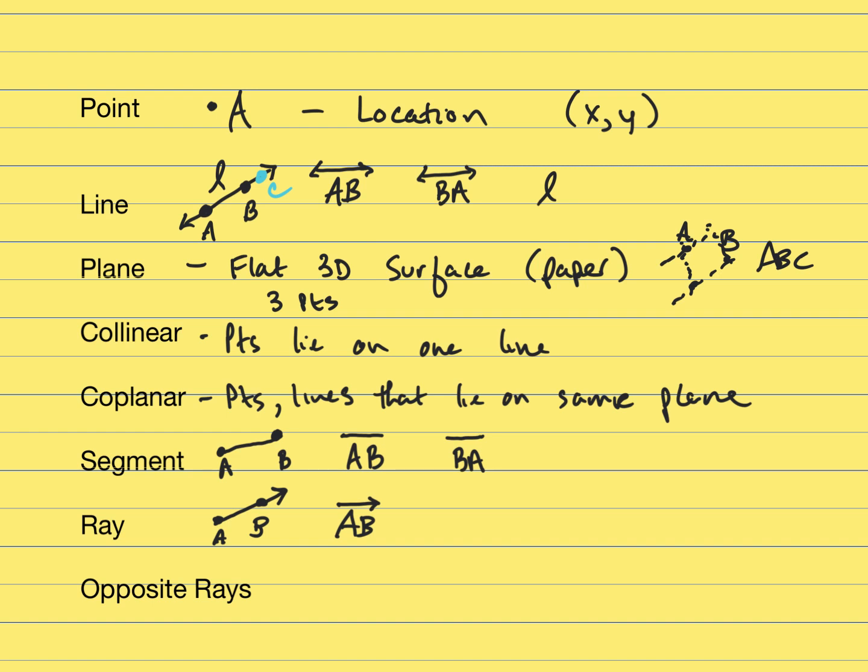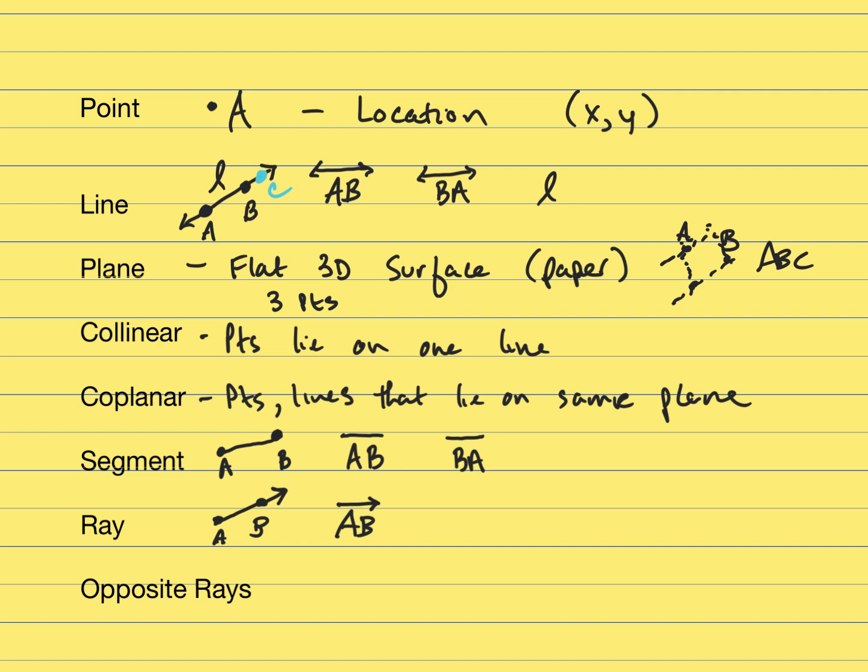A is an endpoint, so it does not have that arrow. This is really important. The lines, the segments, the rays, are just notation. That arrow just indicates which way it's going on towards infinity, going on forever.